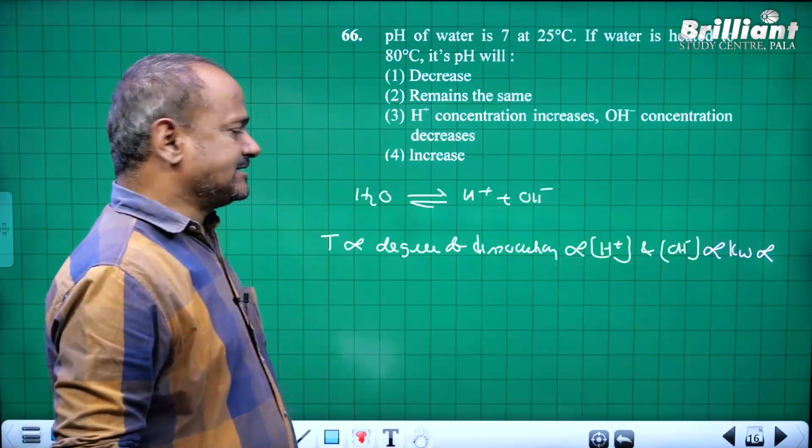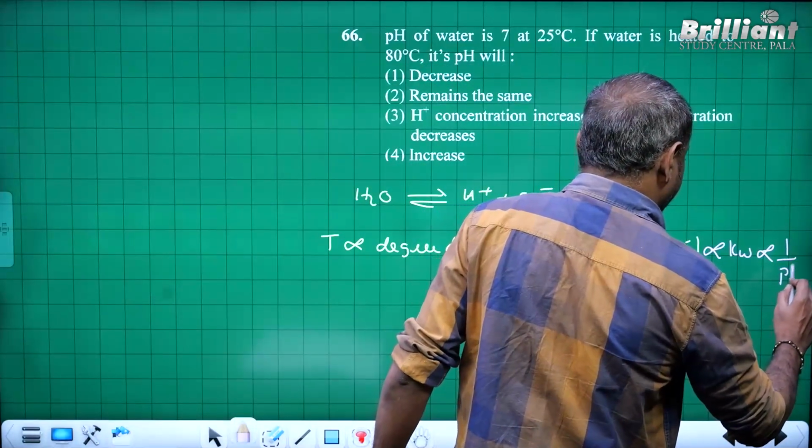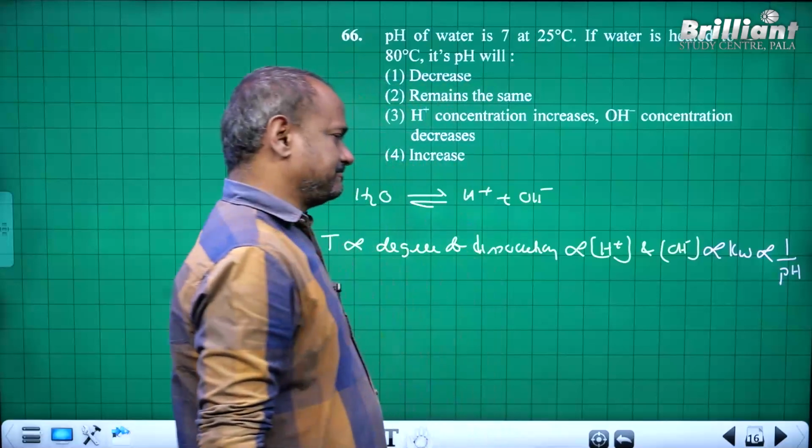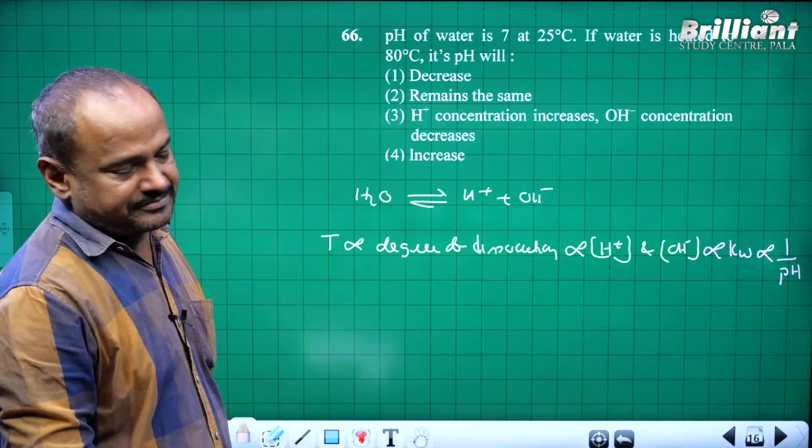With H plus ions increasing, the pH value decreases, and the pOH value decreases. That means temperature is inversely related to pH.